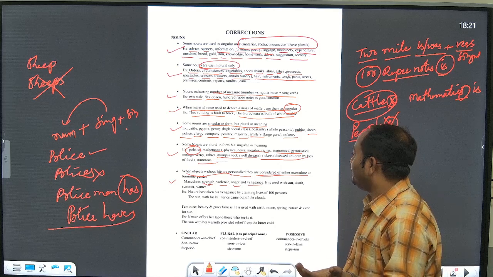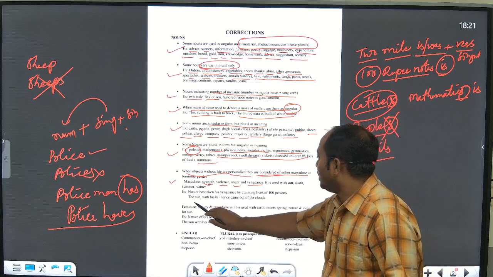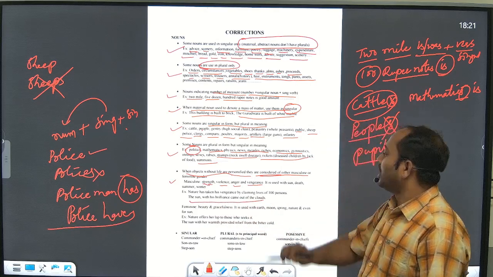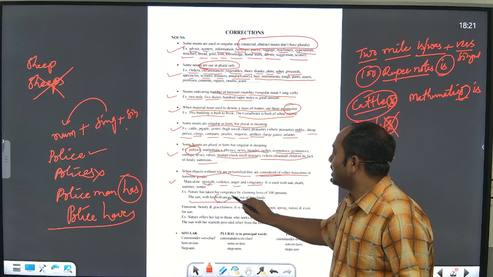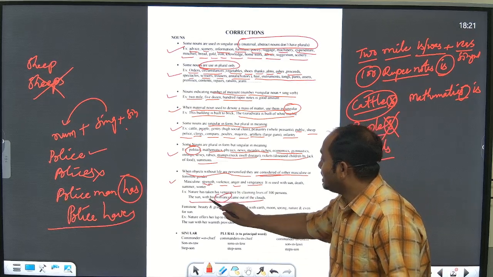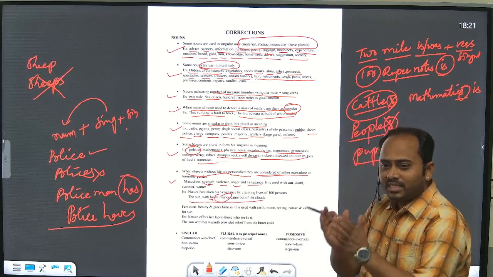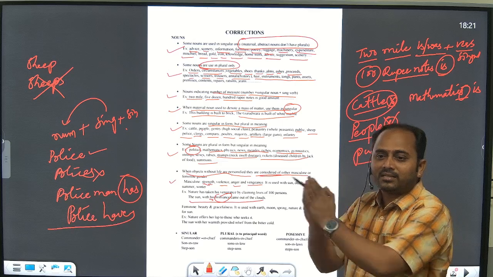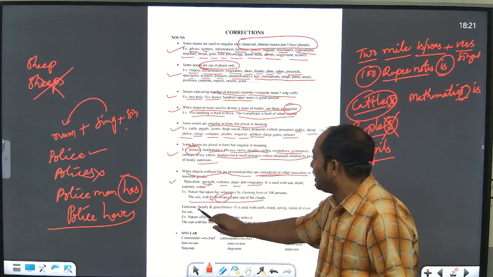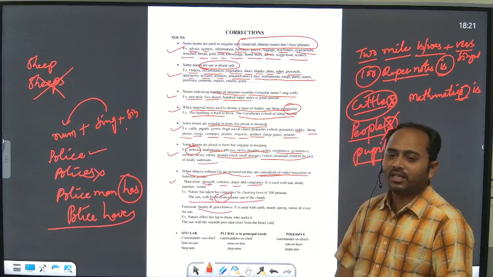The sun with his brilliance came out of the clouds. Brilliance is strength related. That's the reason his is used. That means the sun is compared as masculine gender. Next, feminine gender, if you think, beauty and gracefulness.